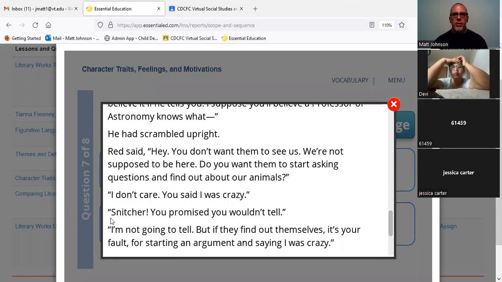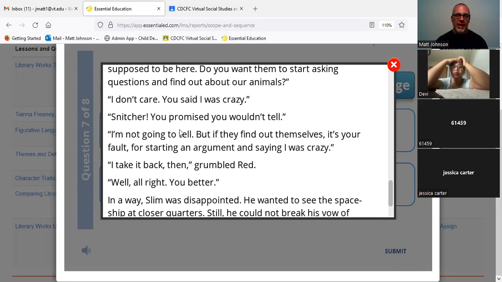Red said, "Hey, you don't want them to see us. We're not supposed to be here. Do you want them to start asking questions and find out about our animals?" "I don't care. You said I was crazy. Snitcher, you promised you wouldn't tell." "I'm not going to tell, but if they find out themselves, it's your fault for starting an argument and saying I was crazy." "And I take it back then," grumbled Red. "Well, all right, you better."